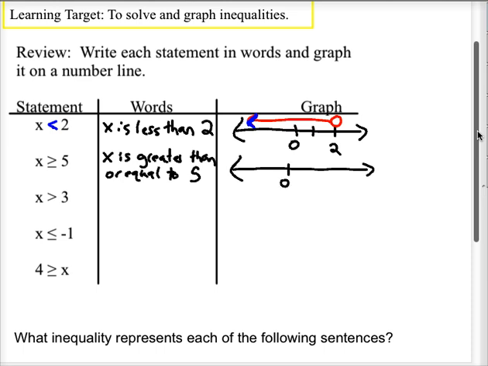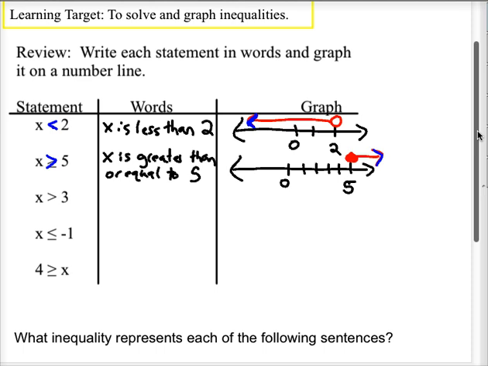Well, if there's 0, 1, 2, 3, 4, 5. Well, remember graphically, that or equal to piece makes it a solid circle because it could actually be 5. And anything greater than it is going to be pointing in that direction. And again, really quick check. And yes, that matches.